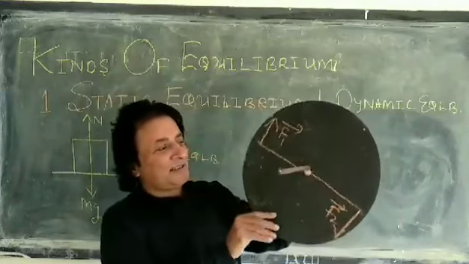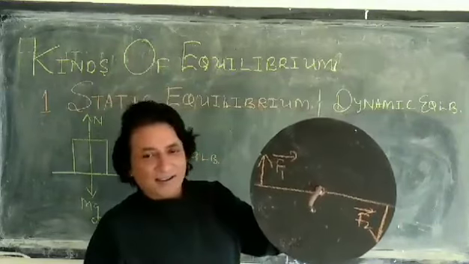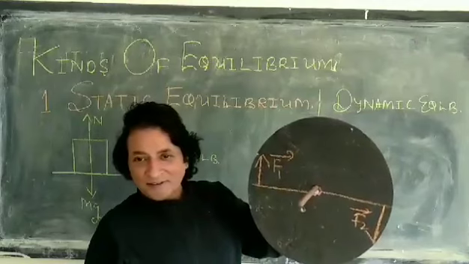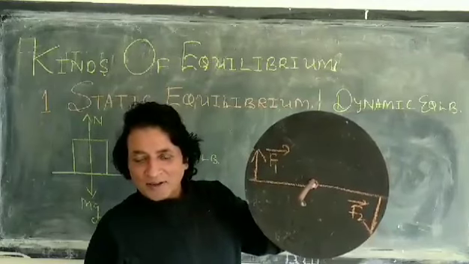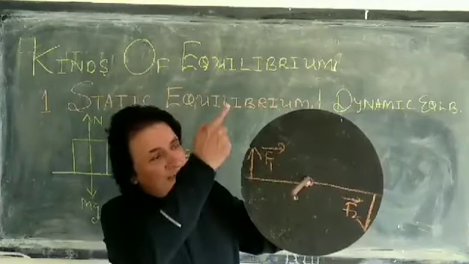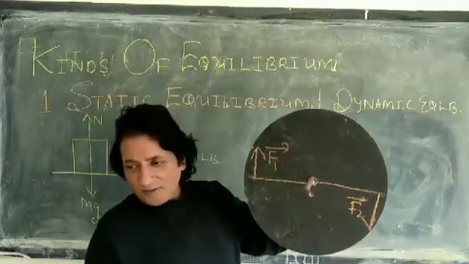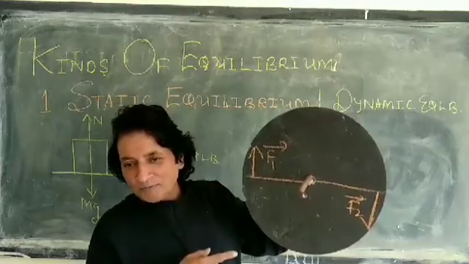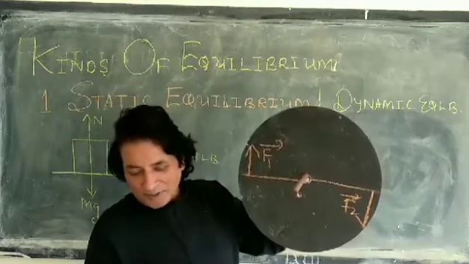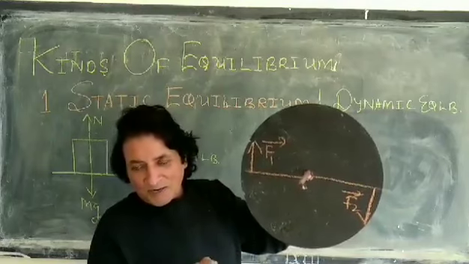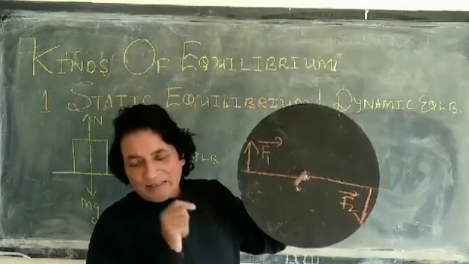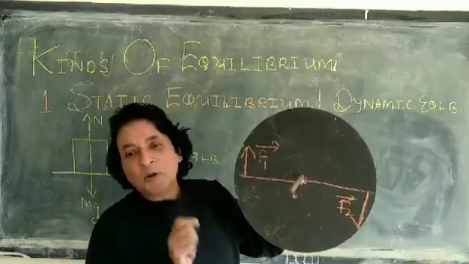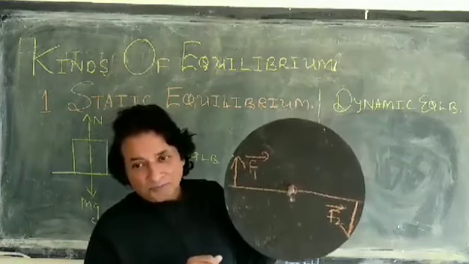So this disk is at rest. Neither is it going clockwise nor anticlockwise. So it is said to be in which equilibrium? Static equilibrium. A body is said to be in static equilibrium when it is experiencing net force zero.